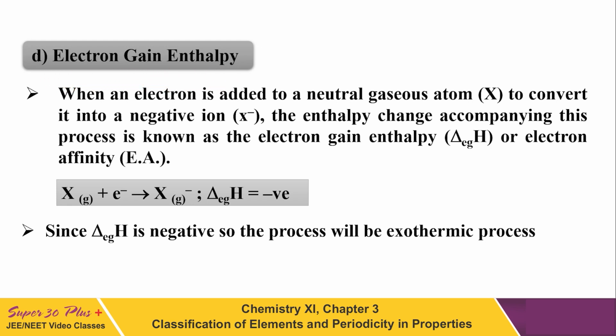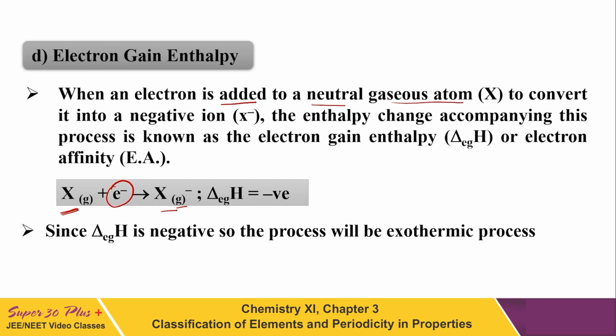See, when an electron is added to a neutral gaseous atom, means you have to add an electron to the neutral gaseous atom, and then there is a formation of a negative ion, that too in gaseous state, of course.